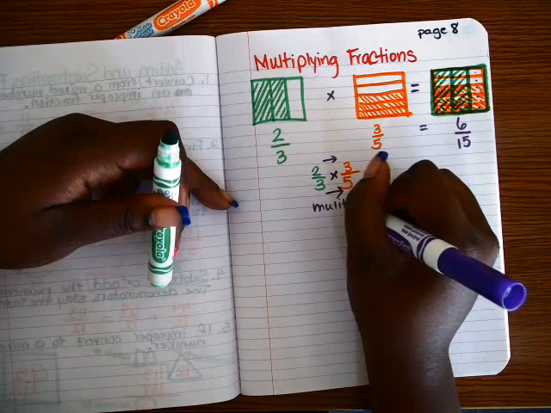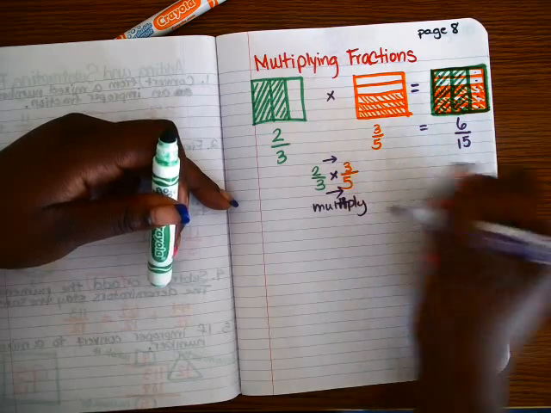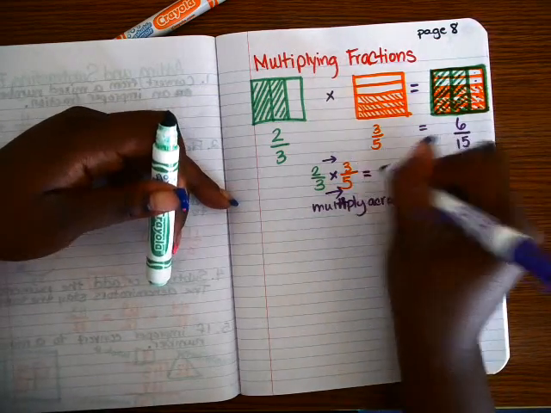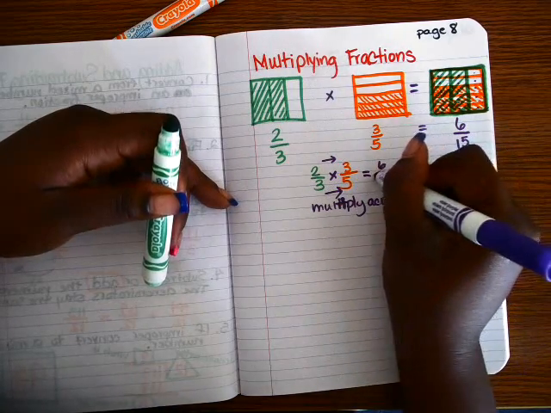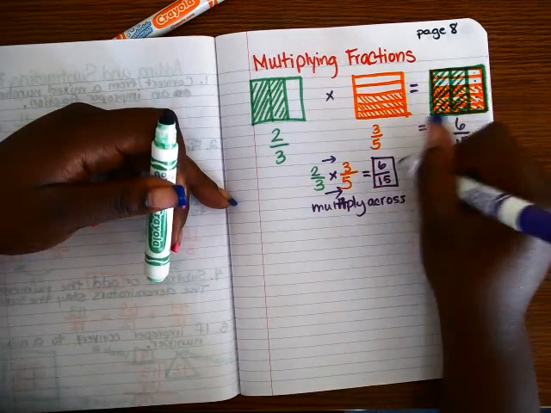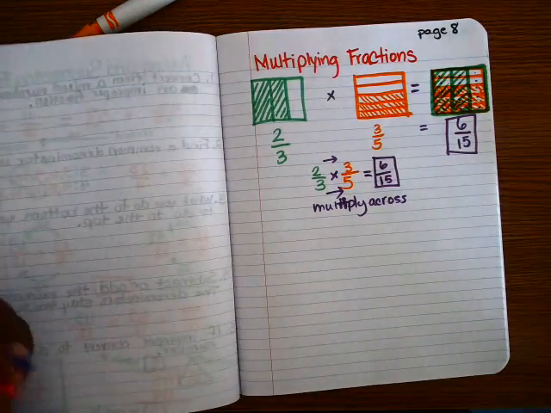I know Miss Sanders can't spell. Multiply across. And that looks like this. 2 times 3 is 6. 3 times 5 is 15. And so this is the way to check your answer. If these two match, then you've done it correctly.